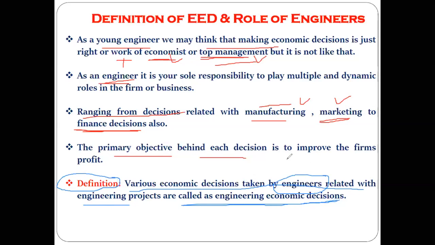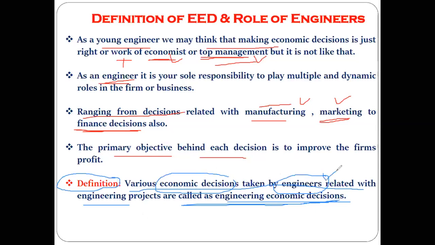At all these posts engineers are working, in the different branches of engineering: mechanical, electrical, computer, etc. So in that particular field, when engineers make some decision related with economics, those decisions are called the engineering economic decisions. Understood?